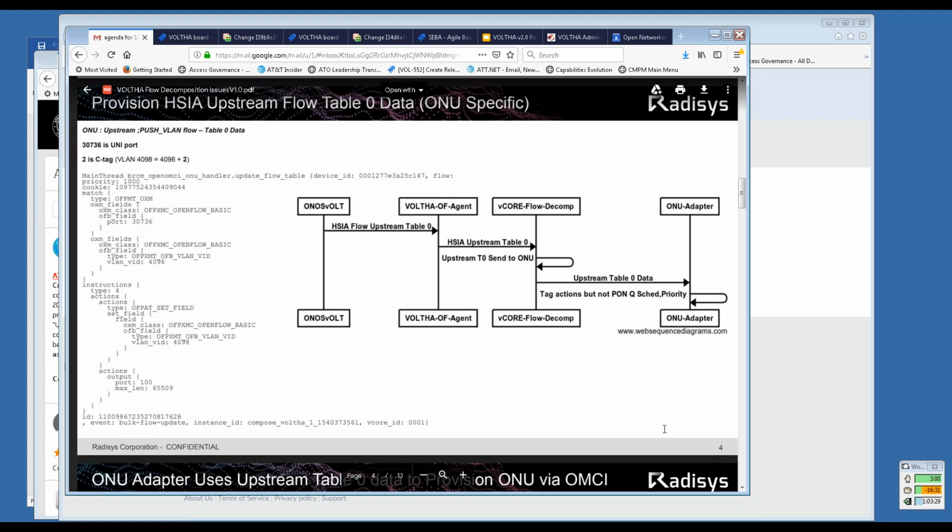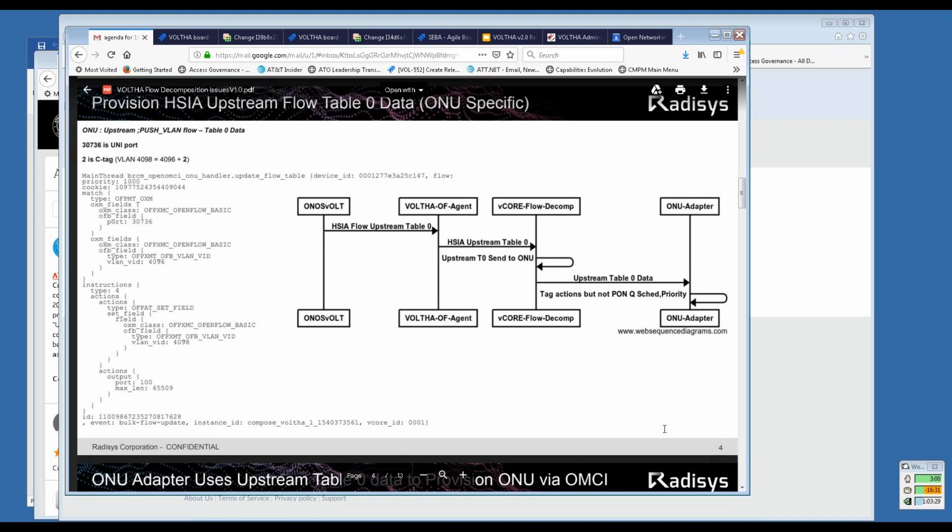The high-speed internet access upstream flow table 0 comes down from ONOS to the OpenFlow agent. It passes through the vCore flow decomposer. This is a 2.0 statement, and that table information is for the ONU, right? So that gets sent to the ONU adapter.